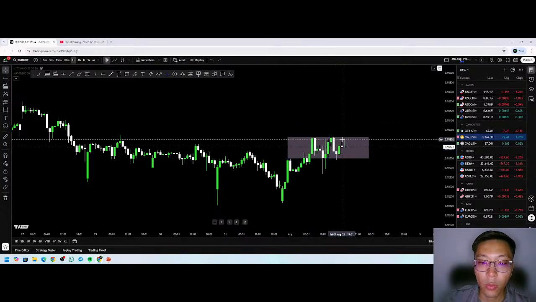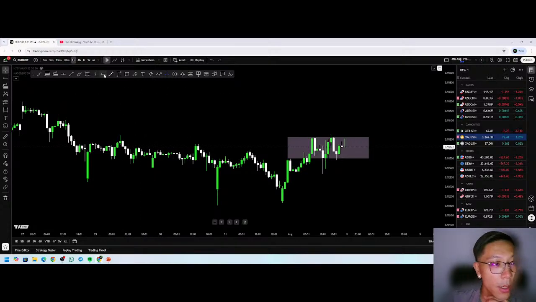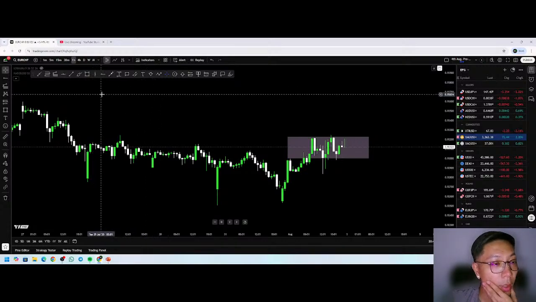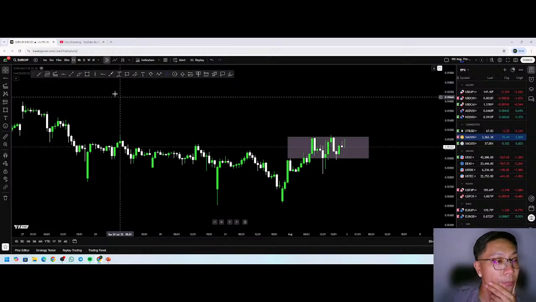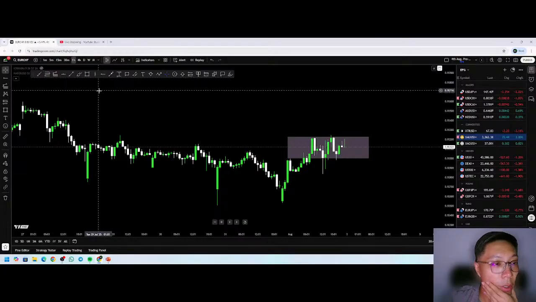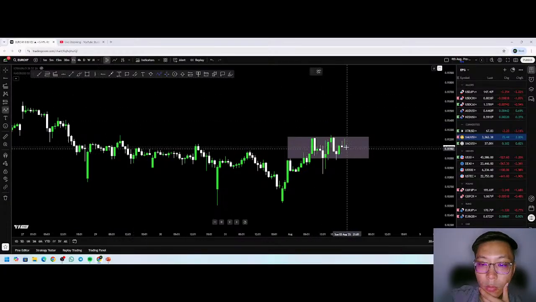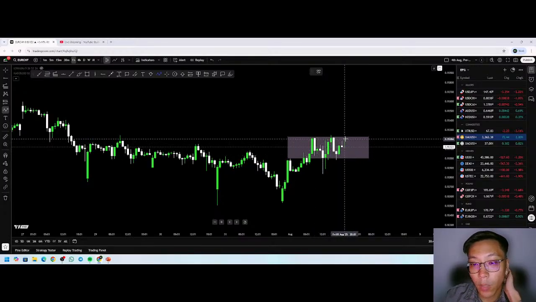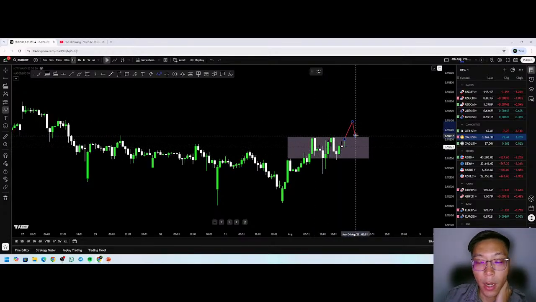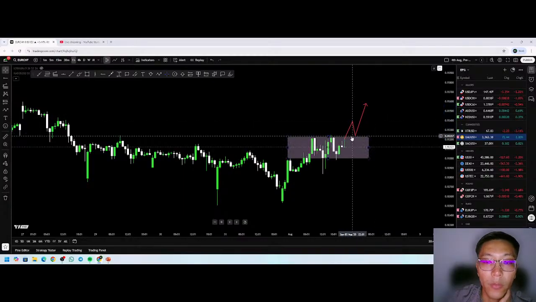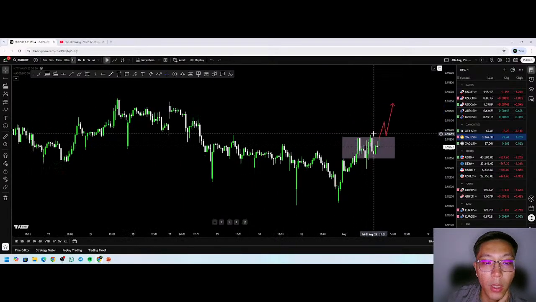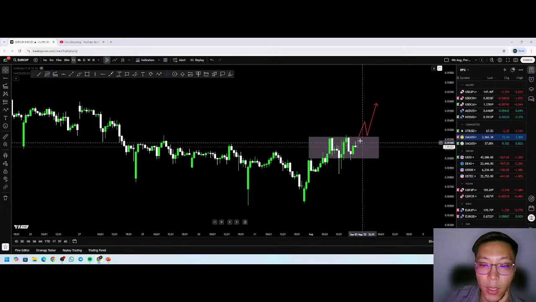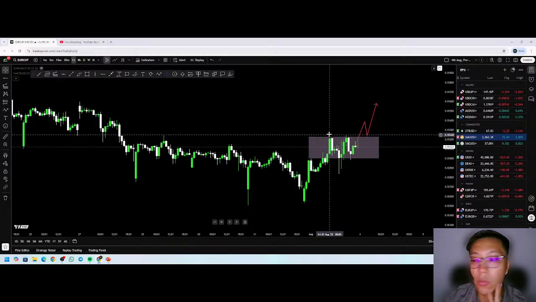So what you could do is to enter off the break of this pair. Let's see how price reacts within this area. Once price breaks out of this, then it gives you a little bit more confidence to enter the trade. Right now you can see there is a lot of uncertainty for Euro CHF.